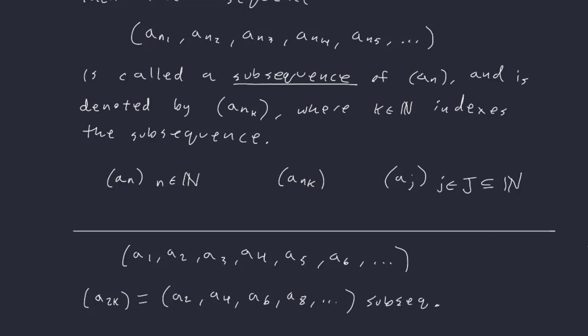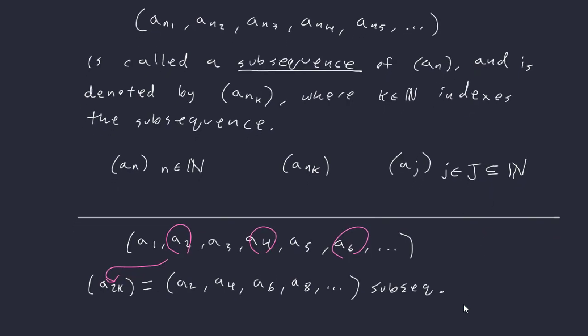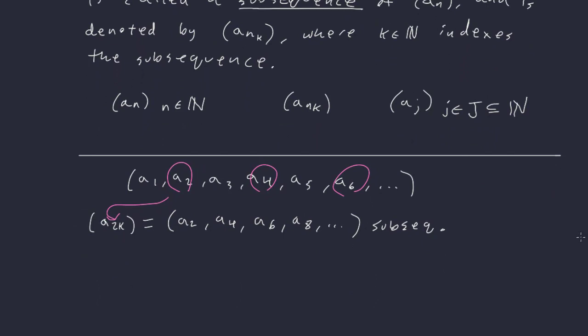All it's doing is taking the even terms out of it and creating a new sequence with it. So it's much like a subset, except the order matters, the same as with the difference between sets and sequences. The order definitely matters with a sequence, whereas in a set, not so much.